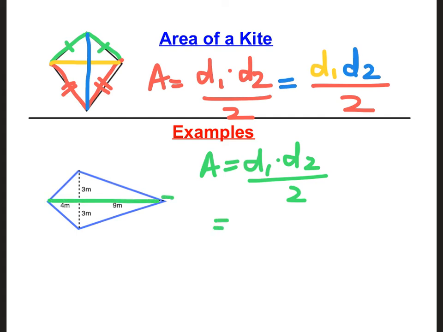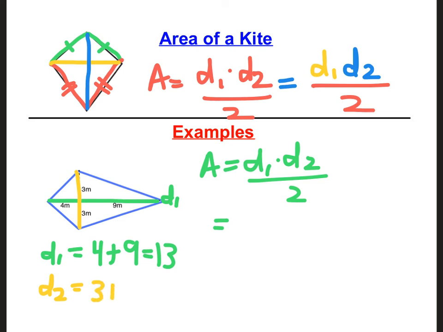Let's call that D1. And to get D1, we're going to have to do 4 plus 9, which is 13. My second diagonal is this yellow one. We'll call it D2. Again, that one's going to be 3 plus 3, and it gives me 6. So if I plug it all into my formula, we have D1 is 13 times D2, which is 6, and then we'll divide by 2.